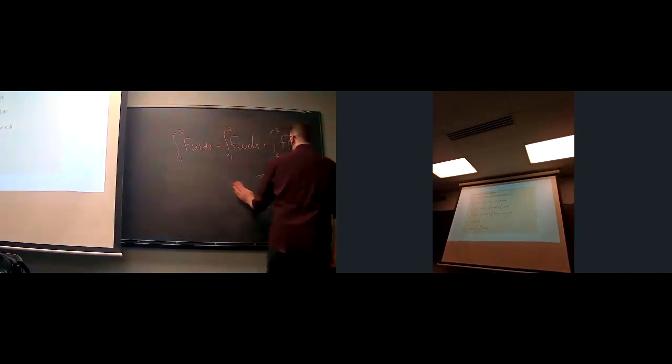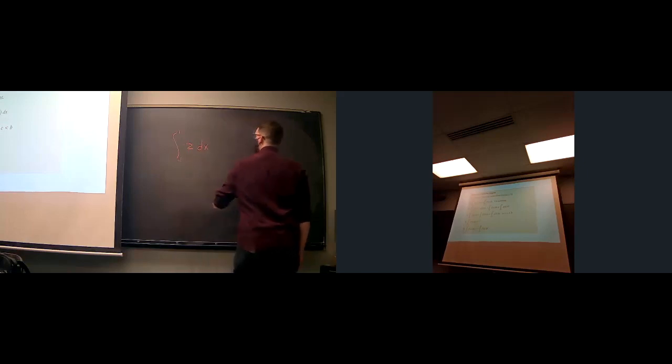This fourth property says if you evaluate an integral from a point to that same point. So, they use A. I'm going to use a specific example. Let's say let's integrate 2 with respect to x.